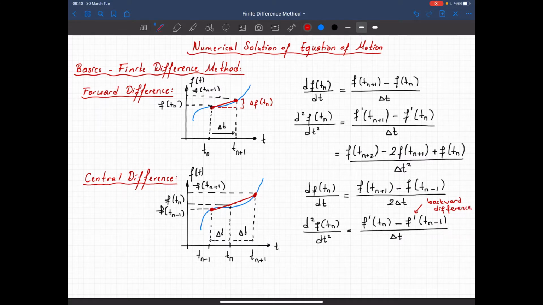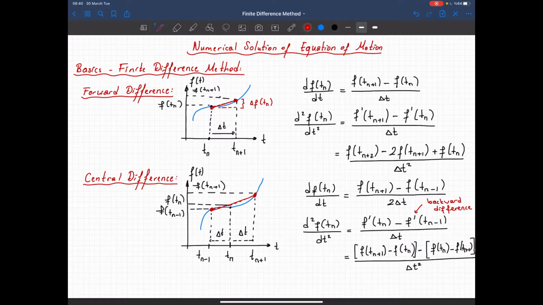Okay, and in order to evaluate these 2 derivatives, I will be using the forward difference now, and that's equal to f at Tn plus 1 minus f of Tn minus f of Tn minus f of Tn minus 1 divided by delta t squared.